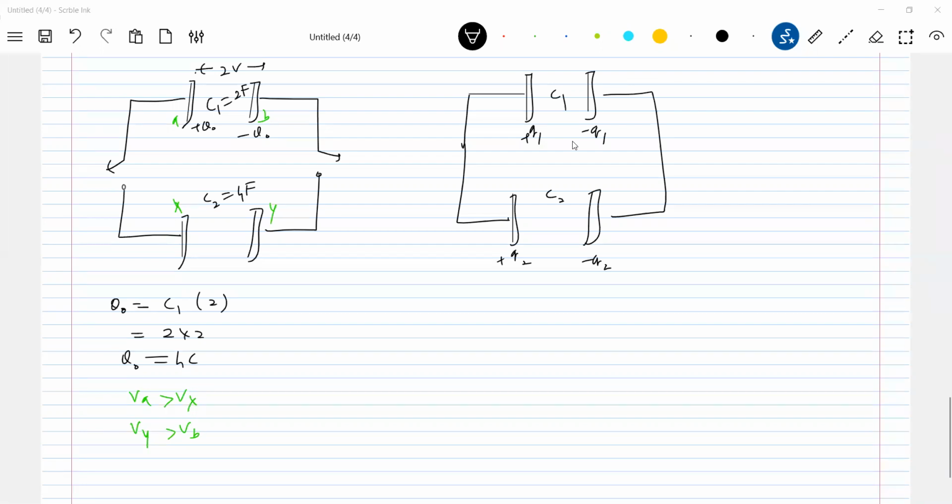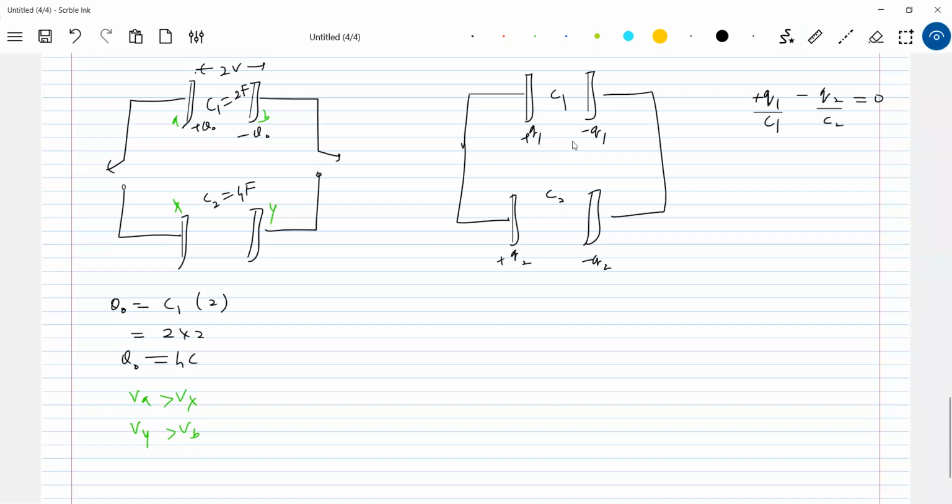First, let me write the loop equation. Rather than saying both are at the same potential, let me say loop equation, because this idea will help you a lot. So I'll trace out the loop. I move from the negative to the positive plate: plus Q1 by C1 minus Q2 by C2 equals 0.